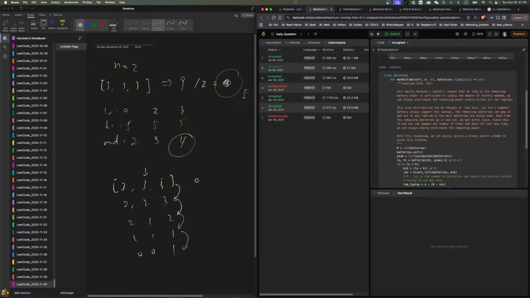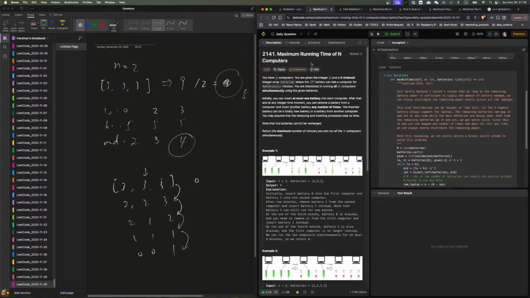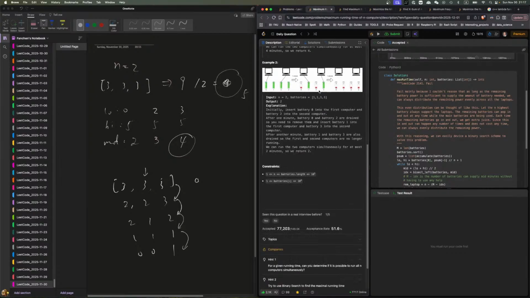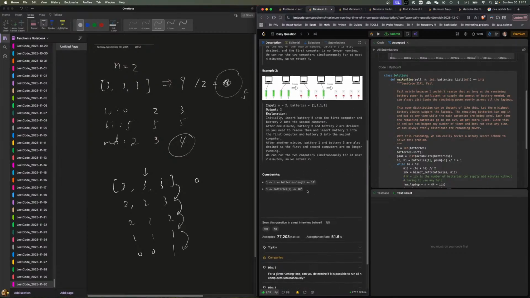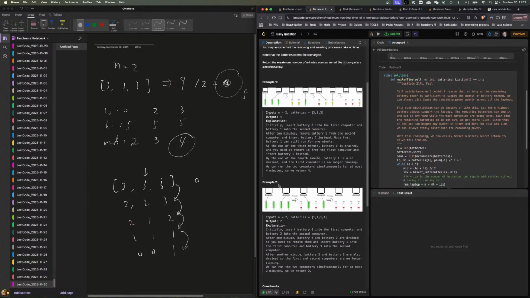Does it say at least you have that number of batteries? And battery length is greater than or equal to n. Okay. So if you have a sufficient number of batteries, that's guaranteed. And if the total number of batteries is good, then we can just go in and out. It's the same.